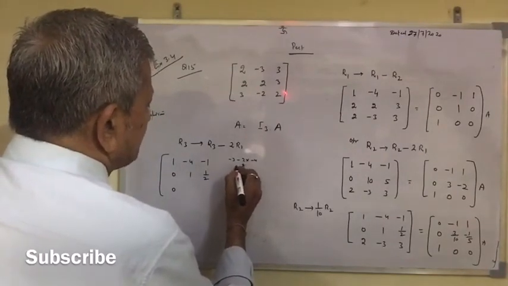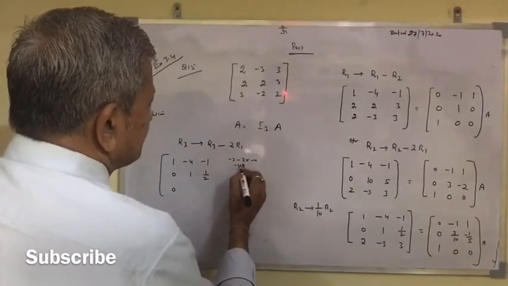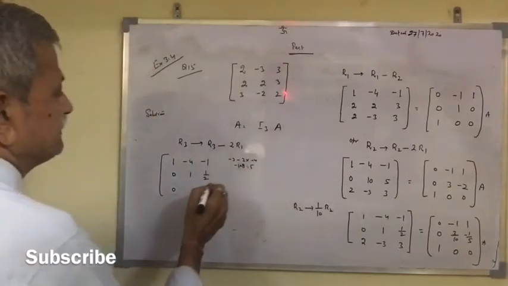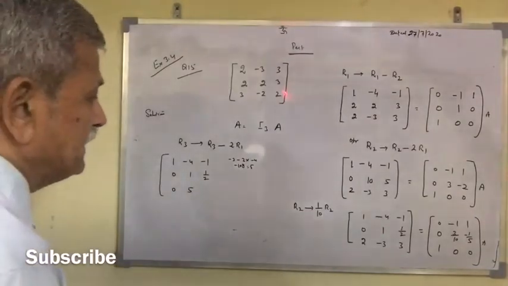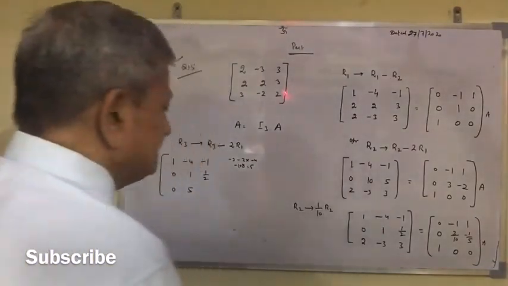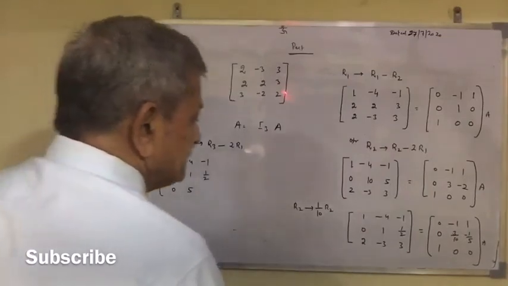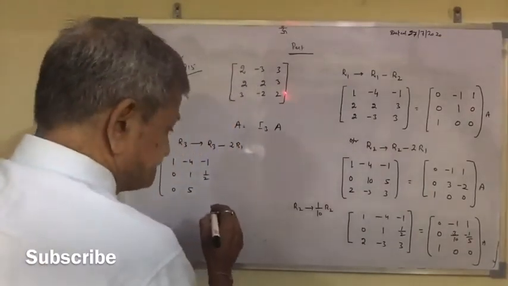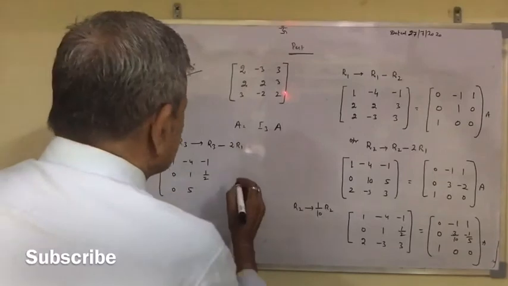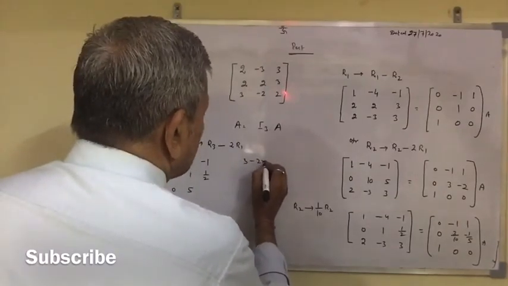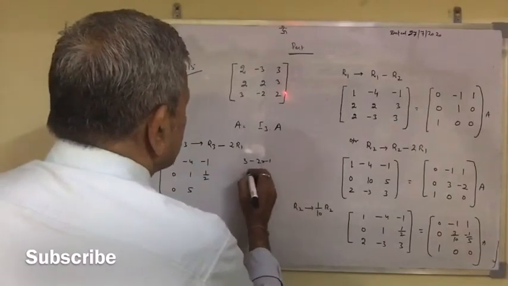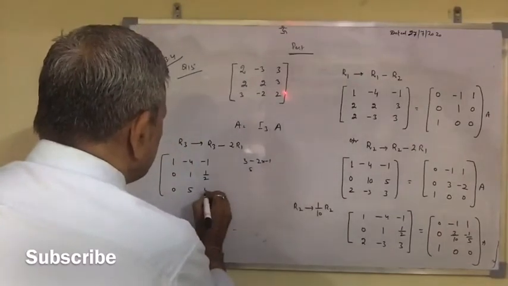So 8 minus 3 plus 8, it gives you 5. And next part is 3. So you can write 3 minus of 2 times of minus 1, so it gives you plus 2, so it gives you 5, so it will be 5.